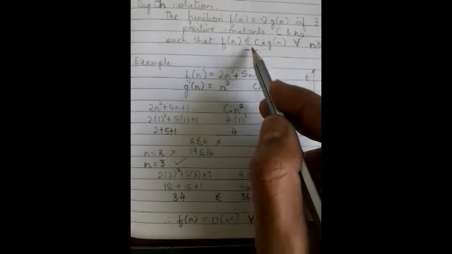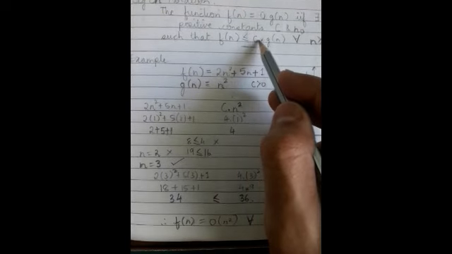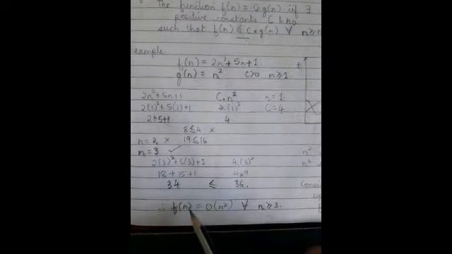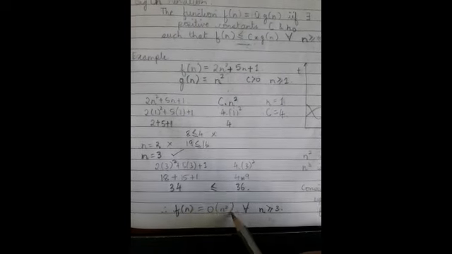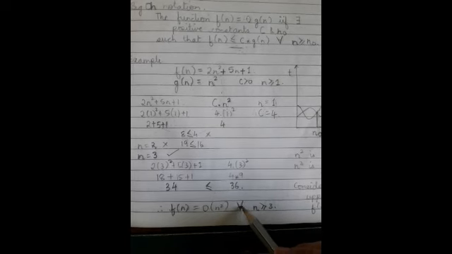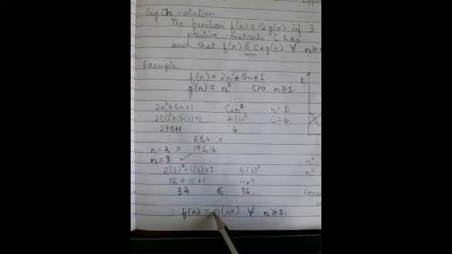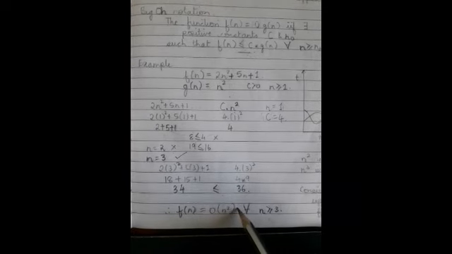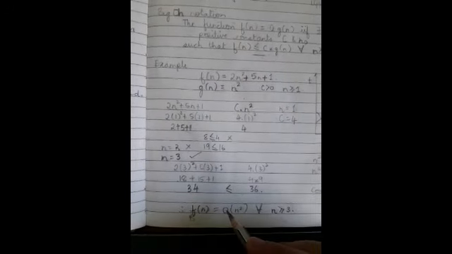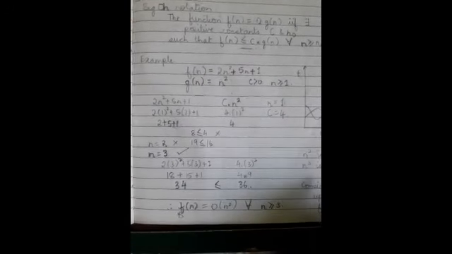So we have proved that f of n is less than or equal to c into g of n. So we can say that f of n is equal to big O of n square, under the condition n greater than or equal to 3. So when n becomes greater than or equal to 3, f of n is big O of g of n.